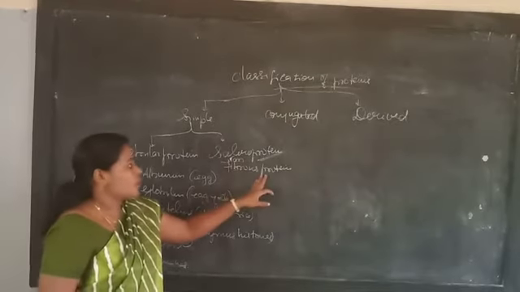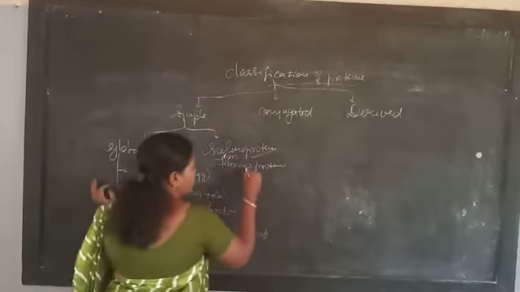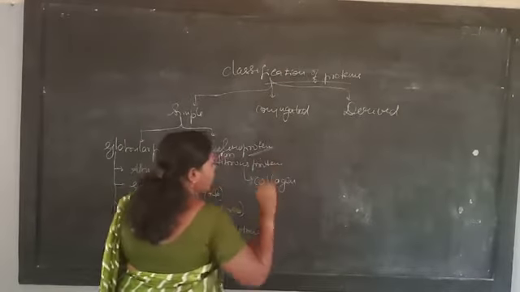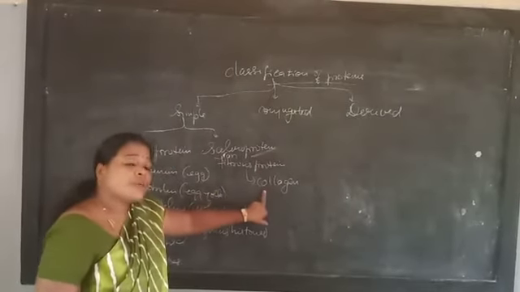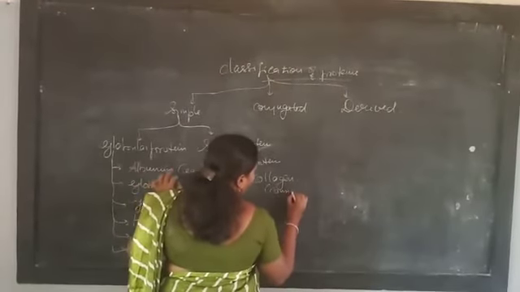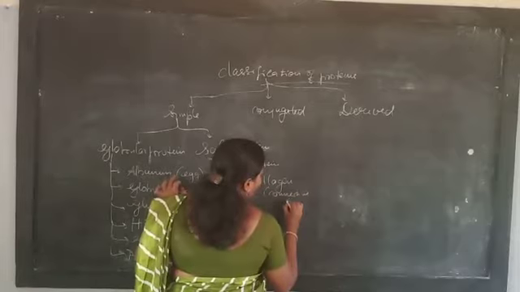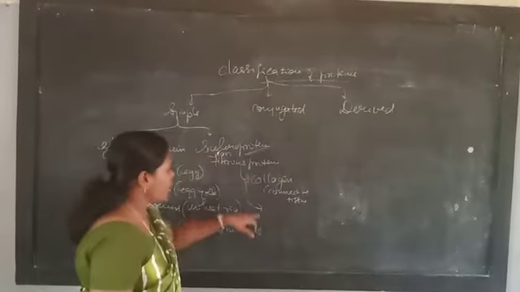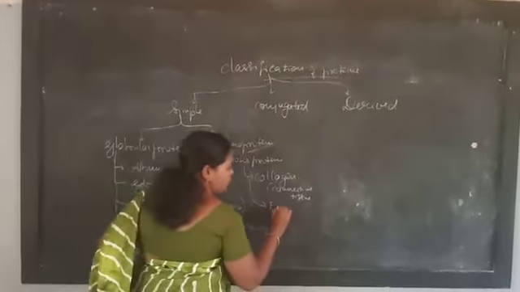Then coming to the fibrous proteins. Collagen is present in connective tissue. The next one is elastin.